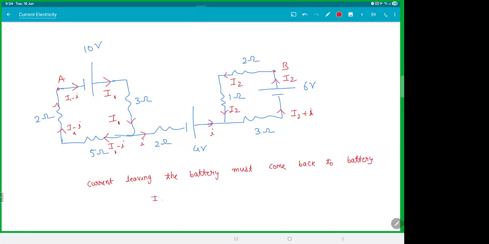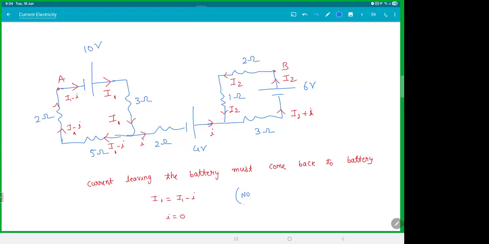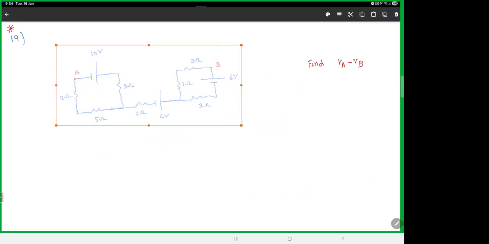So therefore I1 must be equal to I1 minus i. This is only possible if i is 0. Therefore, no current flows in the connecting branch. You don't have a path to come back. All clear with this? Once you got that, then you can simply solve the question by saying both the circuits are independent of each other.